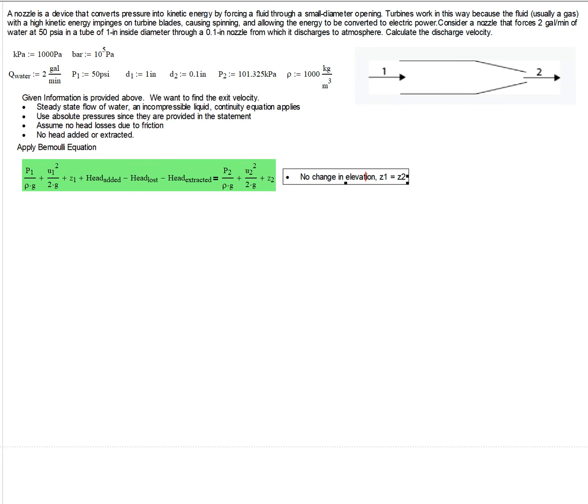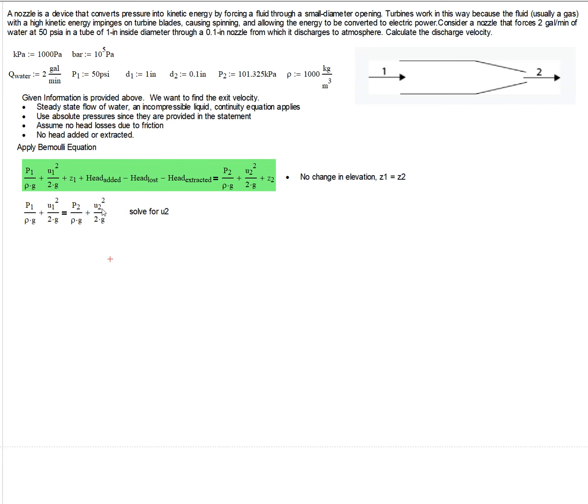And so we cross out those terms in the Bernoulli equation and see what we've got. We have our pressure and velocity head on the left side at position 1 equal to the pressure plus velocity head on the right side. We want to solve for the velocity at position 2.